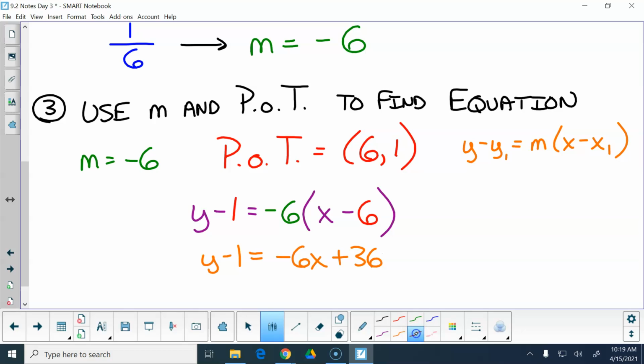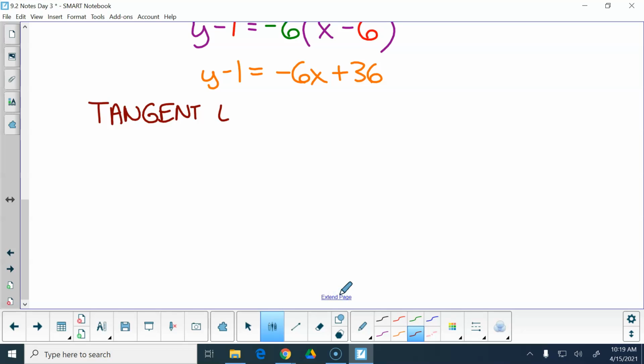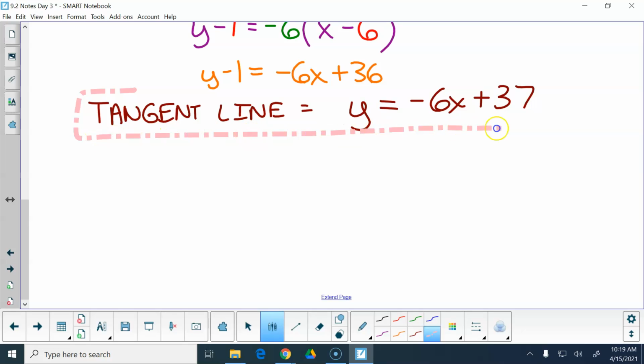So I get the tangent line y equals negative 6x plus 37. That's the equation of the tangent.